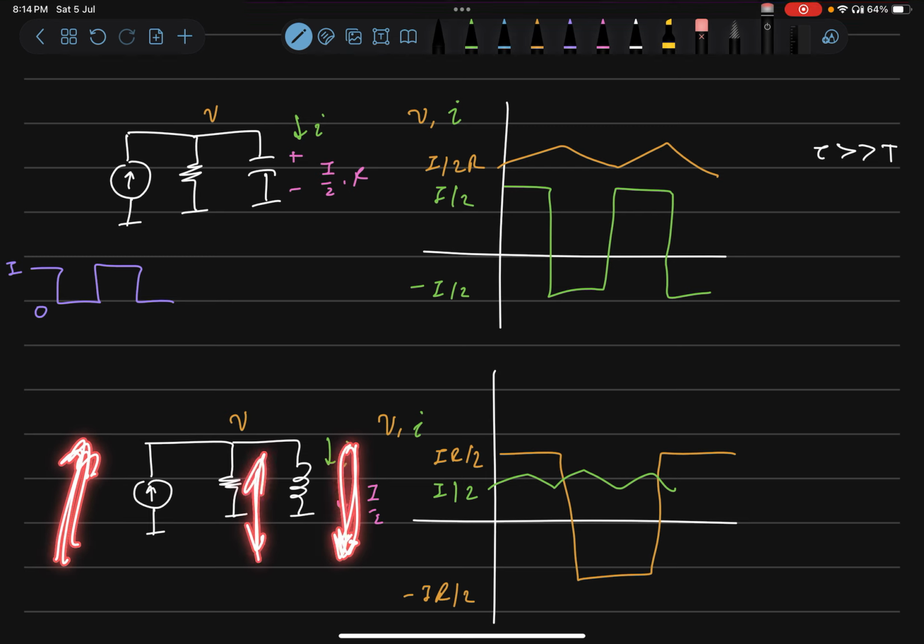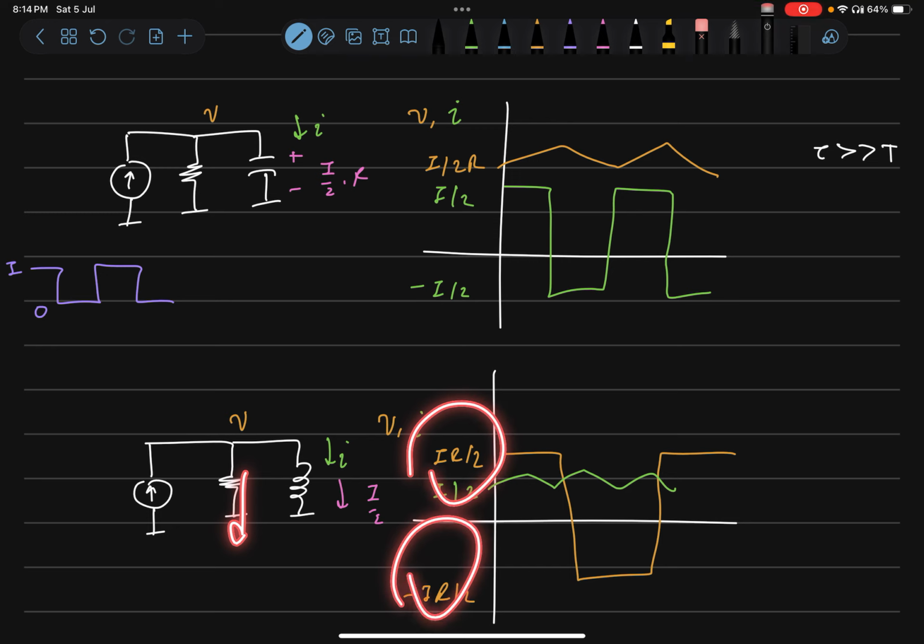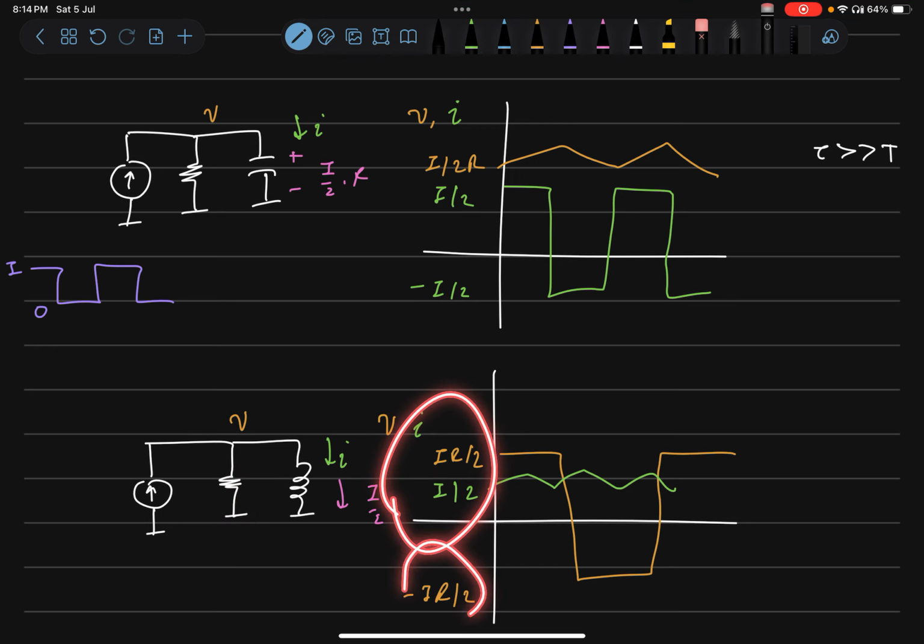This current will not change because this is a current through an inductor, and current through an inductor ripples around its average value in steady state. Okay, so this is I by 2, this toggles between I and 0, this toggles between I by 2 and minus I by 2 simply to satisfy KCL at this point. Okay, so since the current through the resistor is toggling between I by 2 and minus I by 2, the voltage will be toggling between I by 2 and minus I by 2 times R.